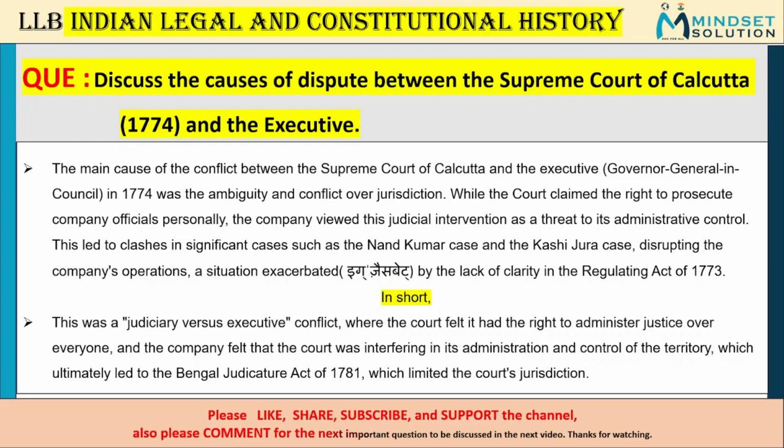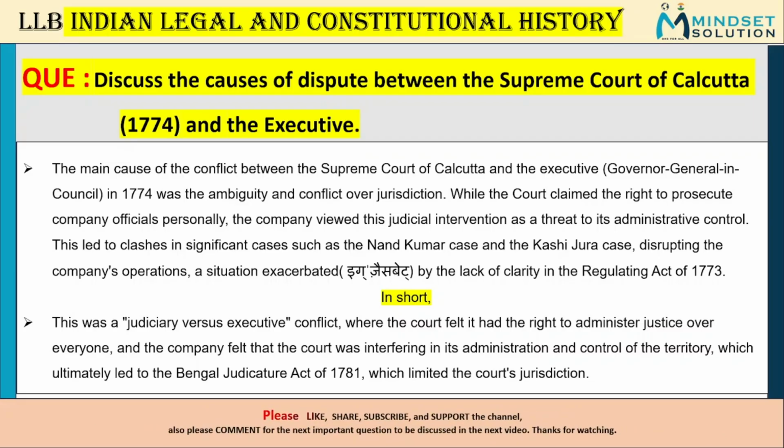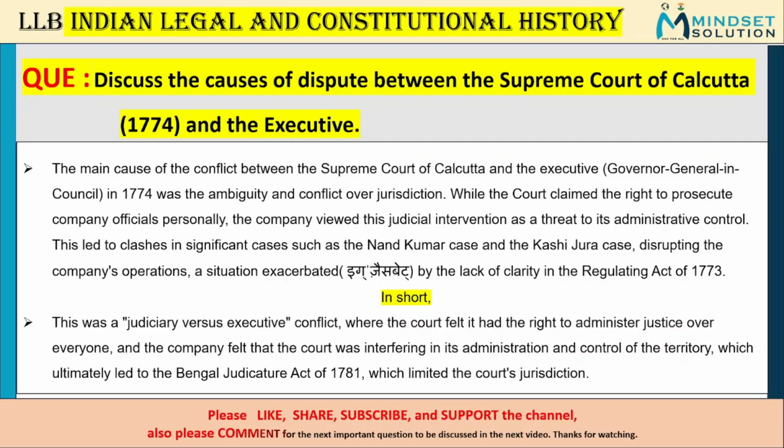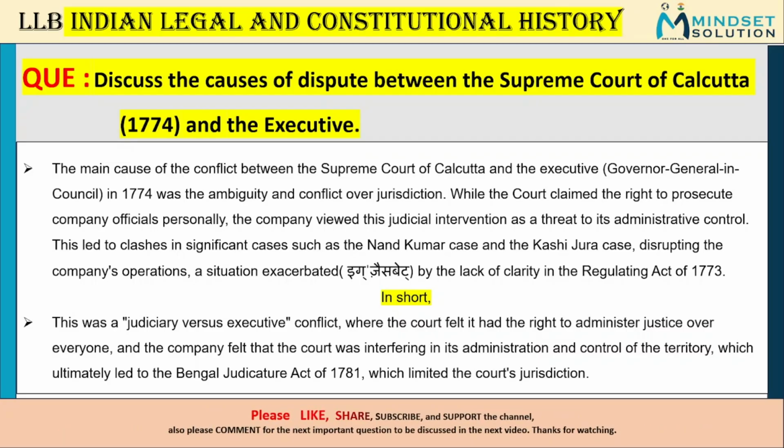So the answer is, the main causes of the conflict between the Supreme Court of Calcutta and the executive, that means Governor General in Council, in 1774 was the ambiguity and conflict over the jurisdiction. While the court claimed the right to prosecute company officials personally, the company viewed this judicial intervention as a threat to its administrative control.